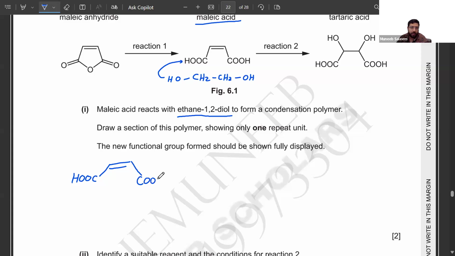So this is maleic acid here. It reacts with the ethane-1,2-diol like this. Now we know that the reaction is between the OH group of the acid and the hydrogen part of the alcohol.